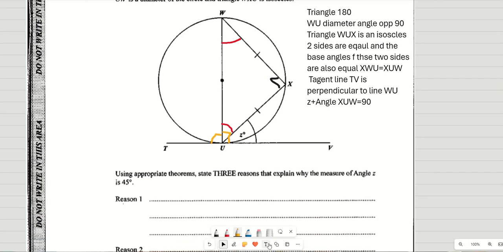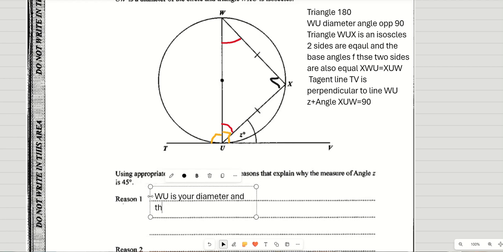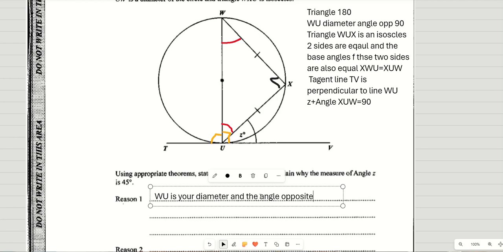Now, the first reason would be what I wrote there. WU is your diameter, and the angle opposite the diameter in a triangle is 90.